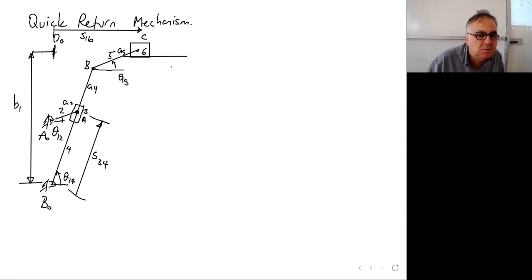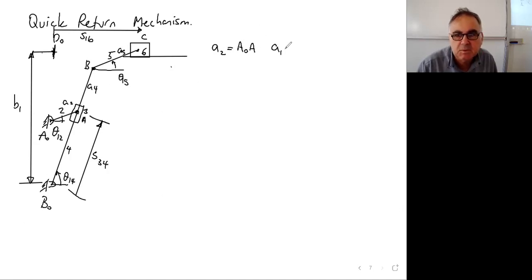So B0 to D0 is on a straight line, and this distance is B0, B1. So A2 is A0, A. A1 is A0, B0.